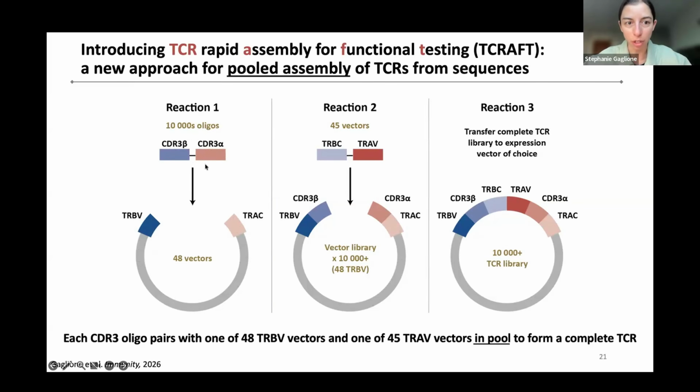Essentially, each one of these oligos has to match to one of the 48 vectors. Then we take that resulting product and execute a second reaction, which will integrate one of the 45 alleles for the alpha side into the same library. From here, we can transfer this complete product into an expression vector of choice. The key distinction here is that we are doing this in pool.